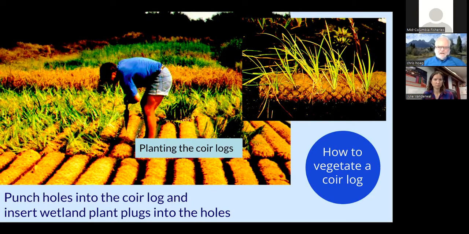And then this guy, he's not really cutting the coir. He's actually just slamming that metal spear point down into it, and it spreads out, and then you just pop the little seedlings into it, and that's what you can see in that picture in the upper right. And when he's done with that, then you can actually take those to the stream with them already vegetated.